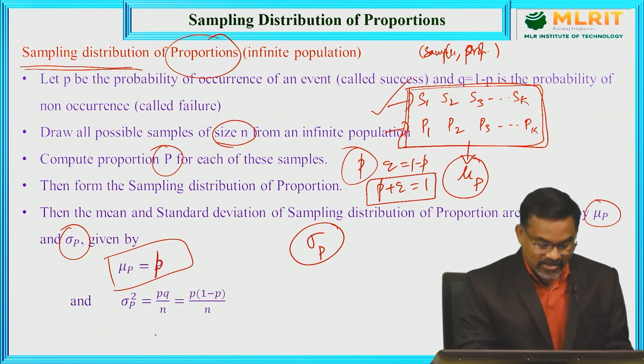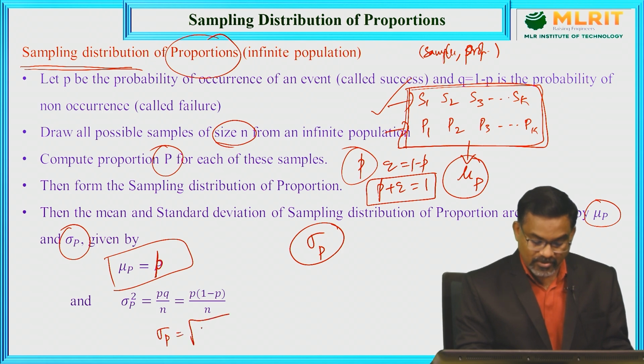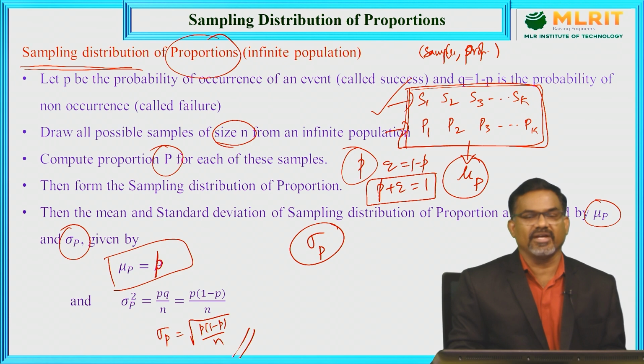If you want sigma suffix P, just consider the square root: square root of p into 1 minus p by n, that is the standard deviation of sampling distribution of proportions.